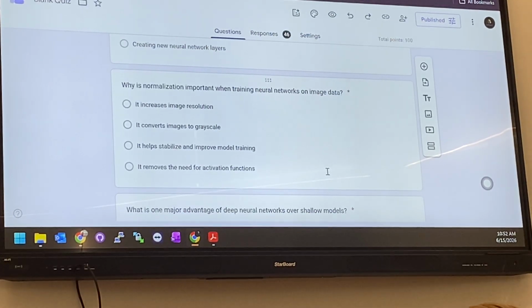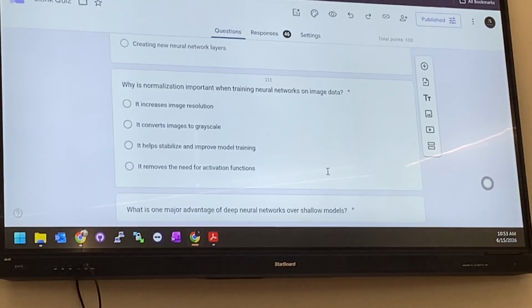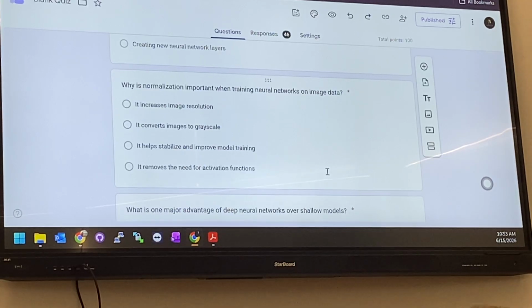So what we want is to normalize this and make all the values between 0 and 255 be between 0 and 1. Okay, so 0 and 1 now has a smaller distance. That will help us with gradient descent, and it will enable you to estimate the parameters properly.